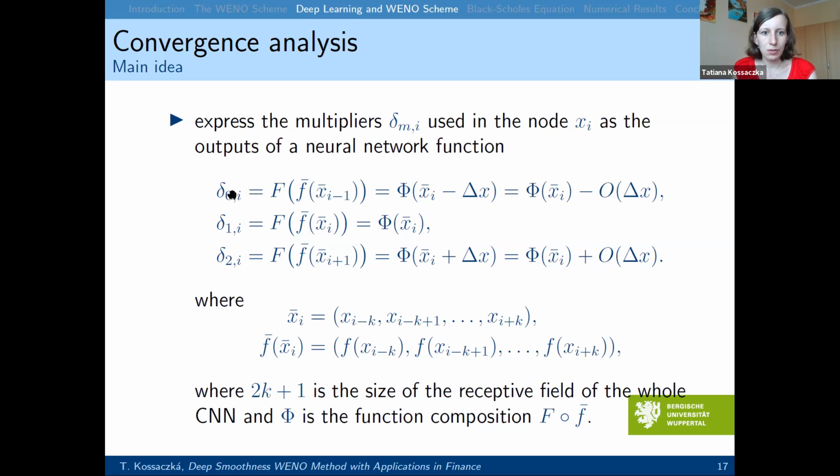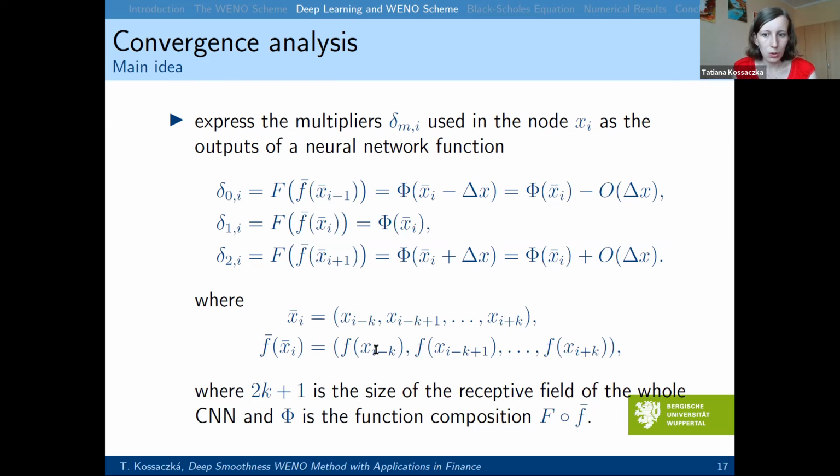As I said, we use this index shift, so we can write it like this: phi(x_i minus delta x), and all of these deltas can then be seen as phi(x_i) plus O(delta x). When we have this formulation, it's easy for us to prove the convergence, because this is a very favorable formulation.